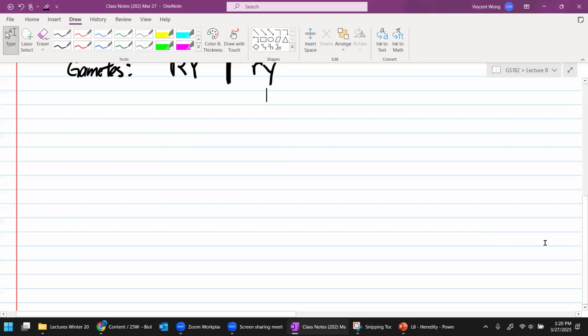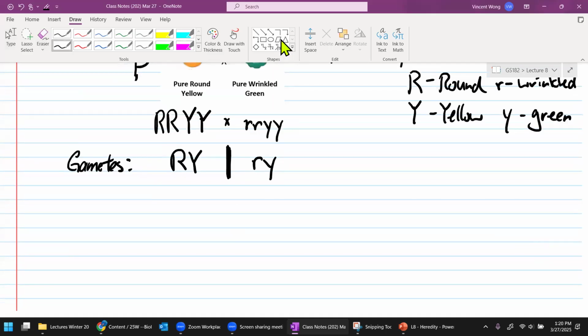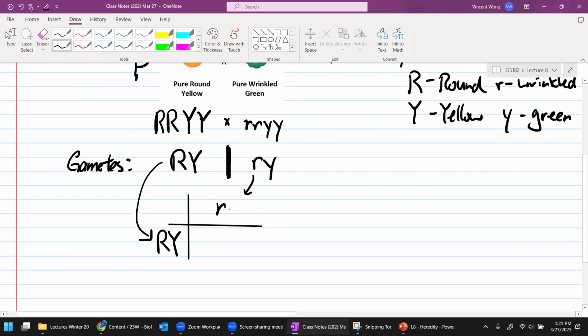Okay, so we're gonna do a Punnett square, but this Punnett square is not gonna be as big as before. We're gonna put big R big Y here, and small r small y. Please listen for a second. This is different from before. It has 2 alphabets here, but they are different alphabets, right?